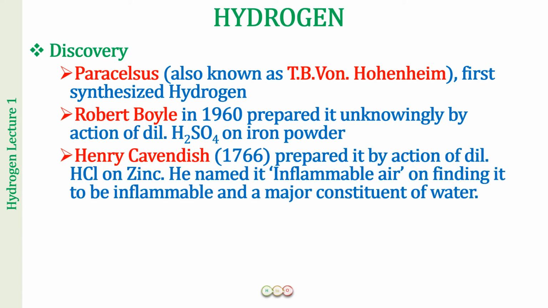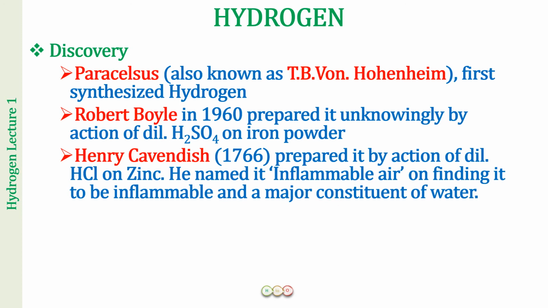Next, in the year 1766, Henry Cavendish repeated the experiment, and this time he took zinc and reacted it with dilute HCl. Again, he saw that a different type of gas was produced, which was different from the other gases known to mankind at that time, and he found that this gas was inflammable. He studied the properties of the gas as well and found it to be the major constituent of water.